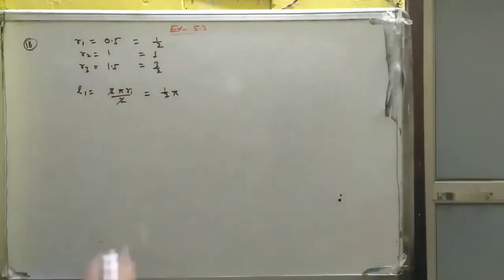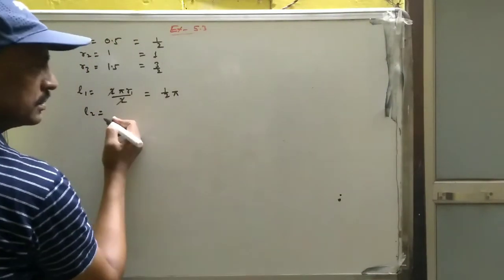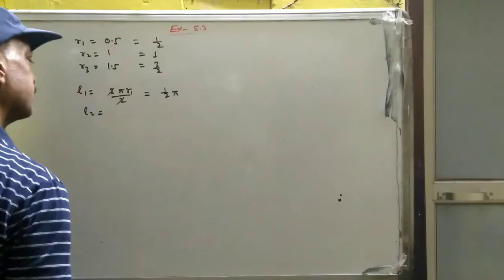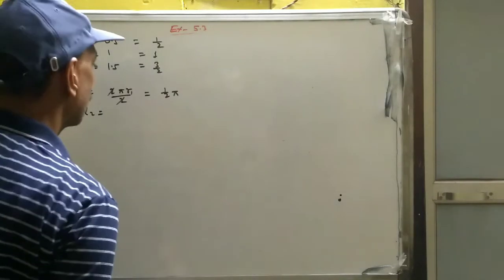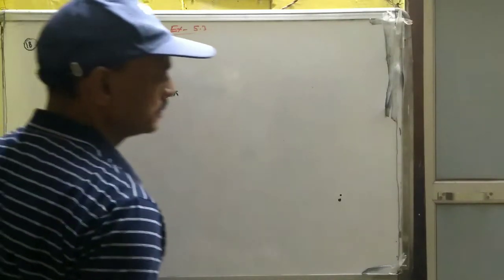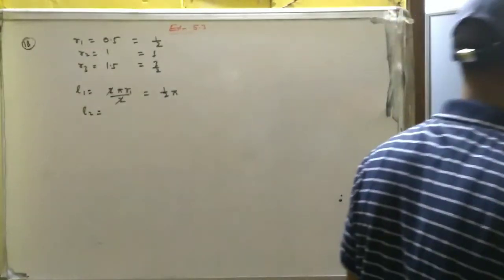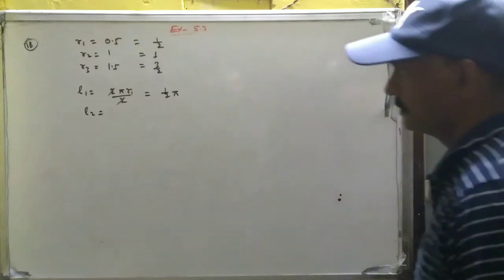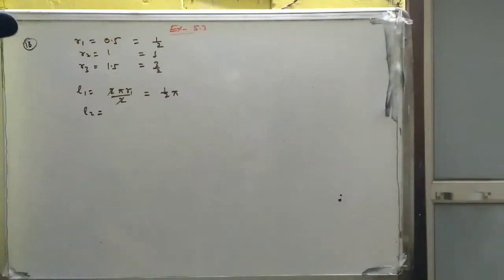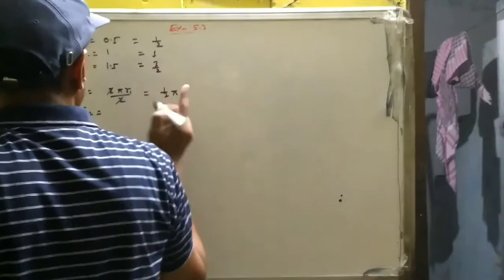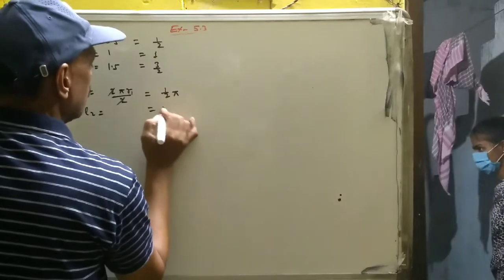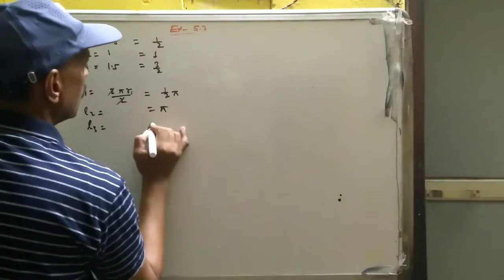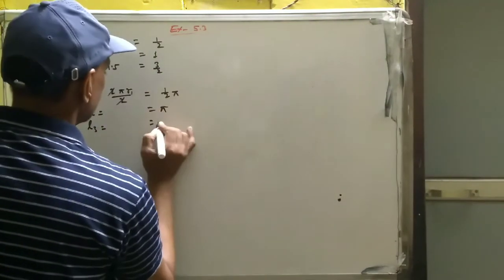L2 will be in the same way, which is pi, and L3 will be 3 by 2 pi.